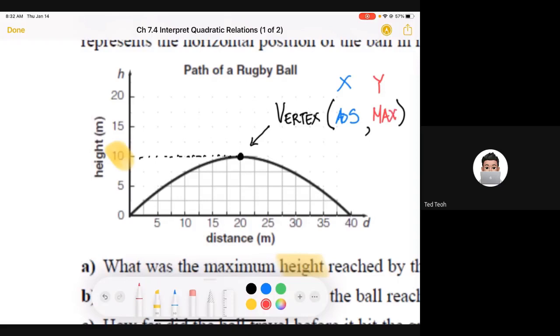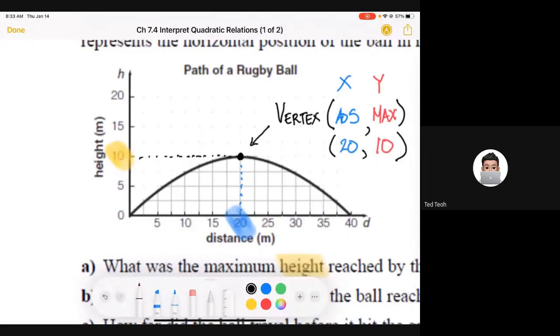That's what they want: the maximum height. So if I were to write what the AOS is, the AOS is going to be 20, and the maximum is 10.